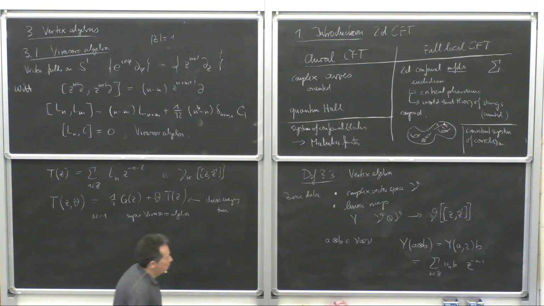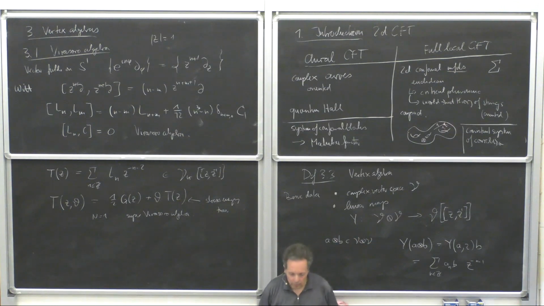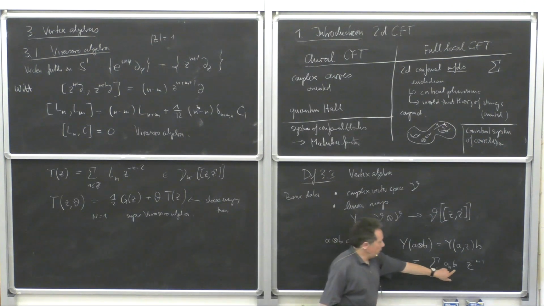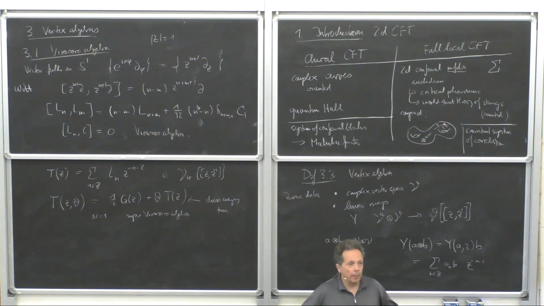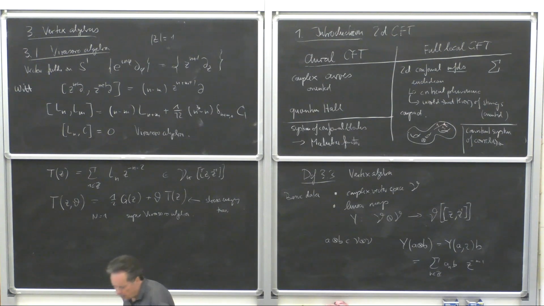And this is an infinite series. So one way to think about vertex algebras, which is not helpful, but well-defined, is to say you have infinitely many products, and they obey a complicated set of generalizations of the Jacobi identity.